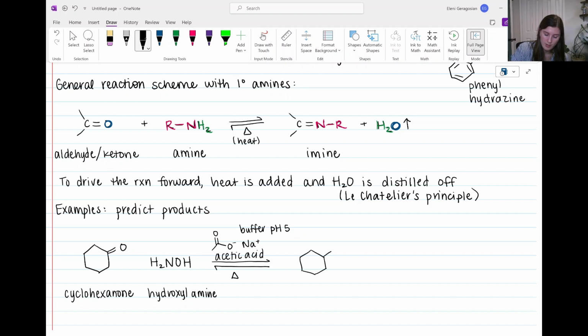Now the carbonyl carbon is double bonded to the nitrogen, which is still bonded to the OH group. And then our byproduct here is H2O. So the H2O molecule is made of the two hydrogens that were bonded to nitrogen and the oxygen from the carbonyl.